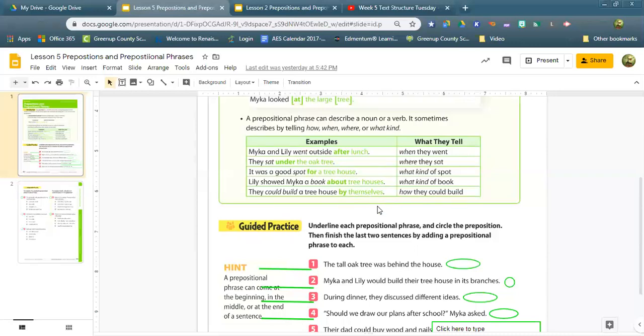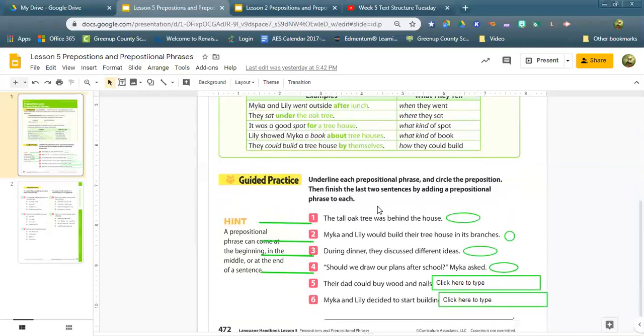All right. So what you're going to do in the guided practice here is underline each prepositional phrase and circle the preposition. And then these last 2 sentences, you're just going to finish it by adding a prepositional phrase, okay? So you've got these lines here, and you're going to use these lines to click and drag to where your prepositional phrase is, all right?